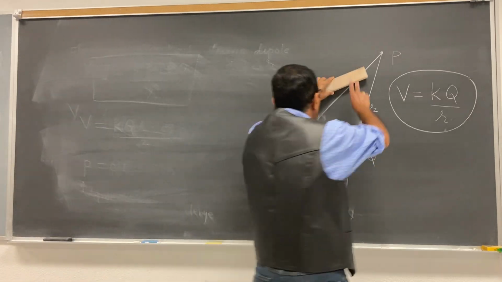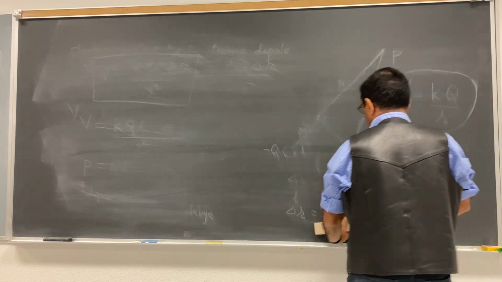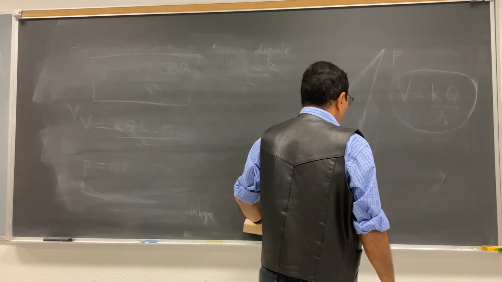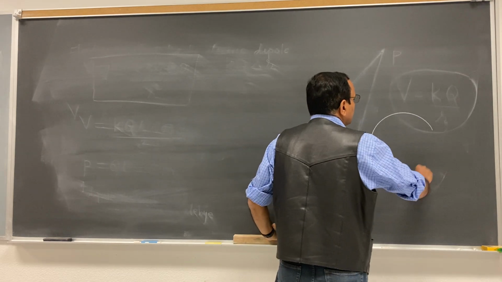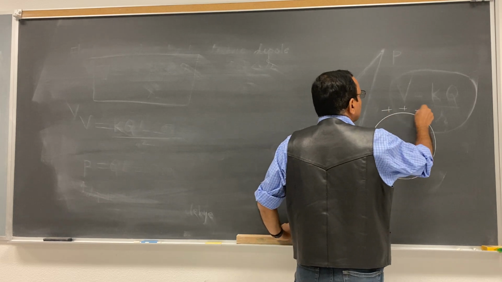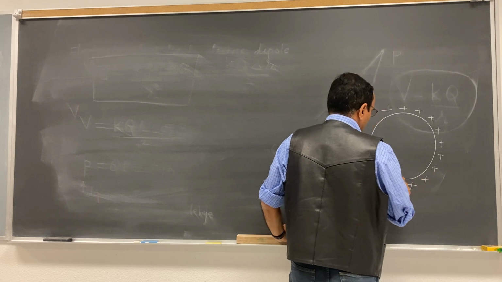We already discussed the electric field, and we just did the electric potential. Let's say this is your conductor, and this is charge. The charge is always on the surface of the conductor.